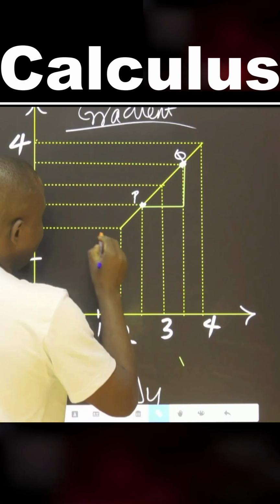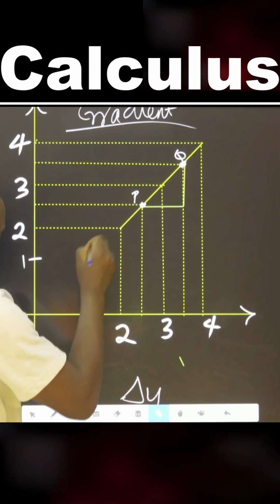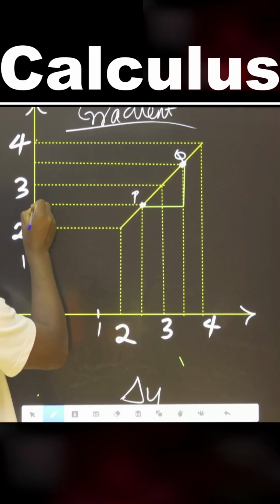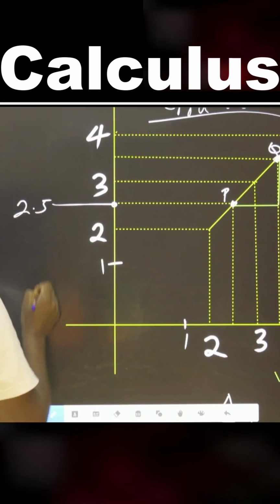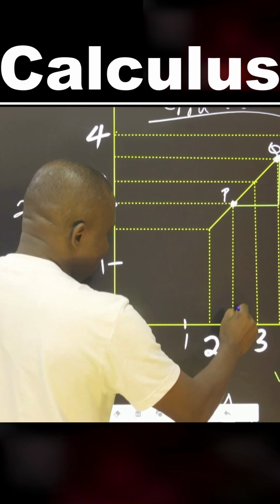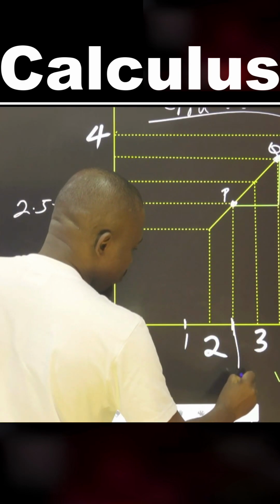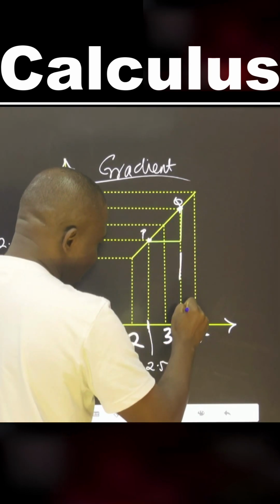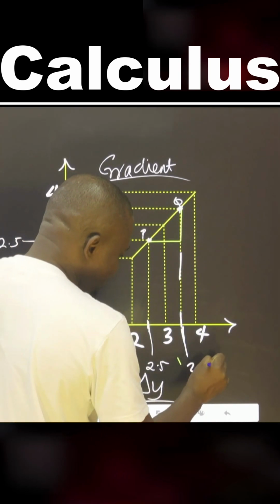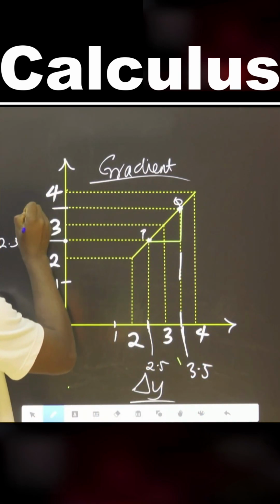Here, you agree with me that this point, if you trace it here, it is 2.5. Okay? If you trace it here, it is 2.5. This one too, if you trace it here, is 3.5. If you trace this here, is 3.5.